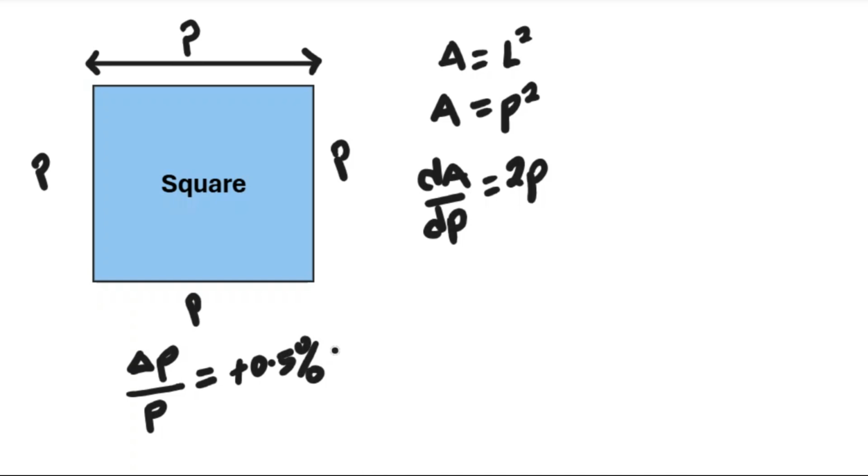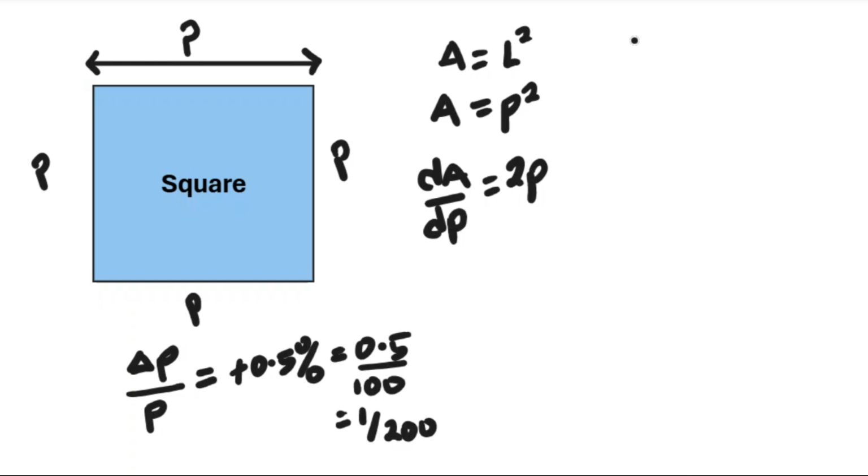And we know that 0.5% is 0.5 divided by 100. So we can represent that as a normal fraction. 0.5 over 100 will automatically give us 1 divided by 200. So let me write that as 1 divided by 200.